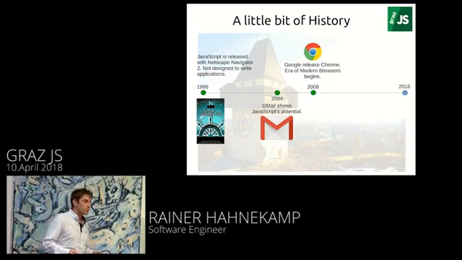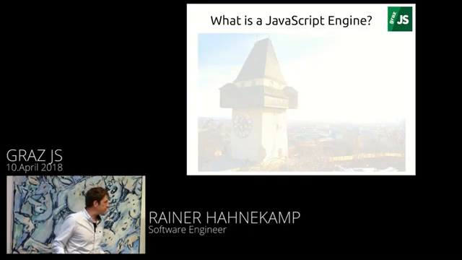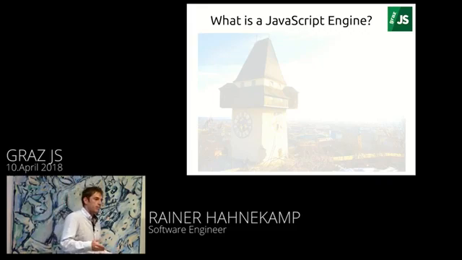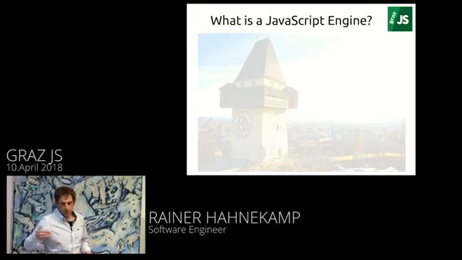So the question is, what did Chrome have that others were missing? It was a superior engine, because you cannot change JavaScript as a language, because there is something called backwards compatibility. So you don't want all users of JavaScript to have to rewrite their applications. So if you really want to speed up the execution, then you have to work on the engine.